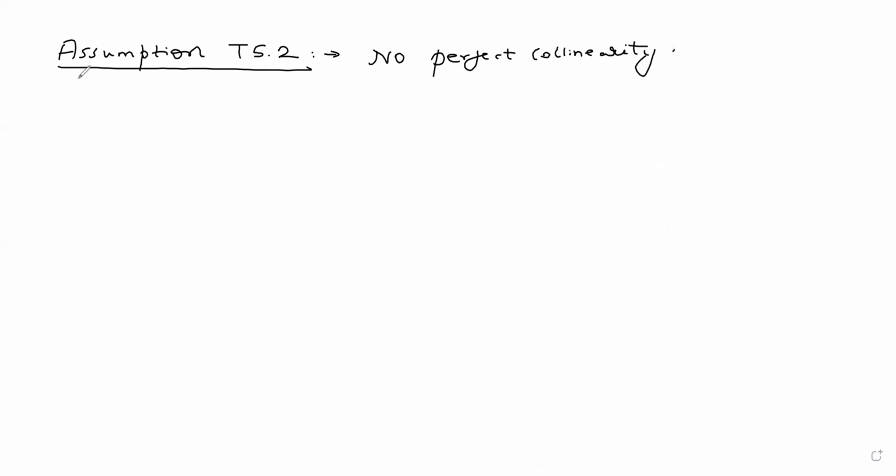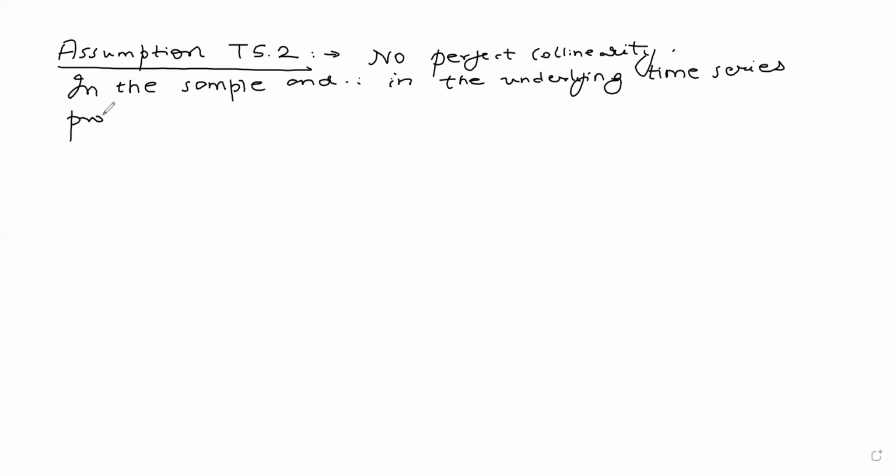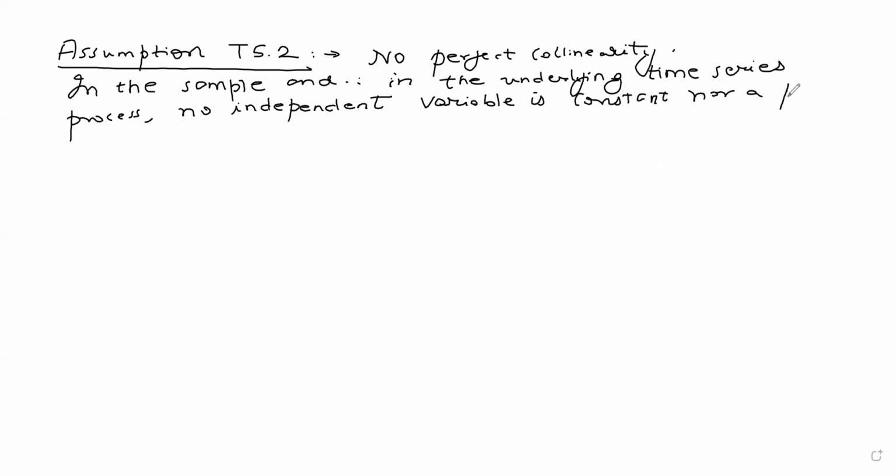So I can write that in the sample, and therefore in the underlying time series process, no independent variable is constant, nor a perfect linear combination of the others.